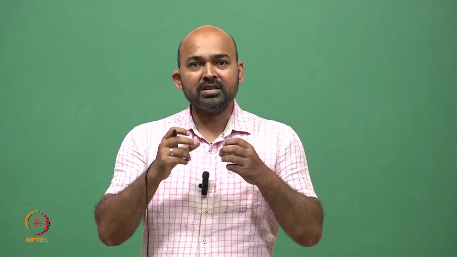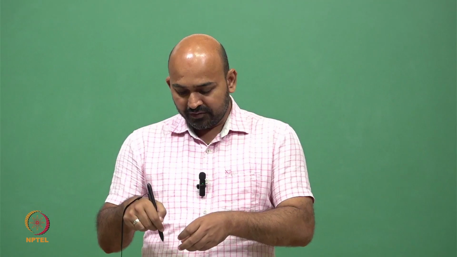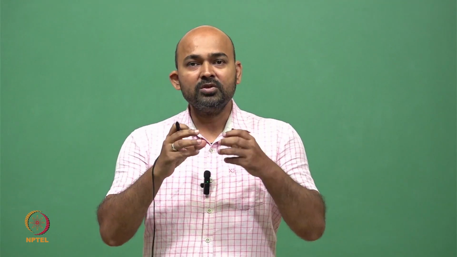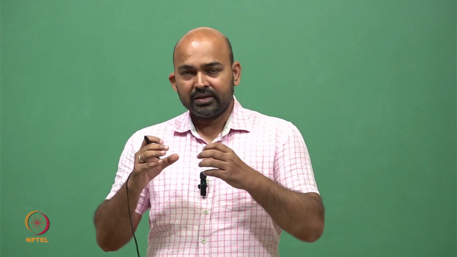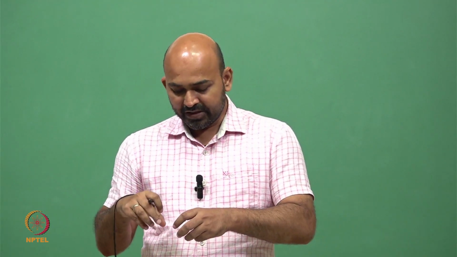Because of this change, the flux, which was uniform, gets disturbed. If we apply more torque, there will be more change in the magnetic property and more disturbance in the flux.